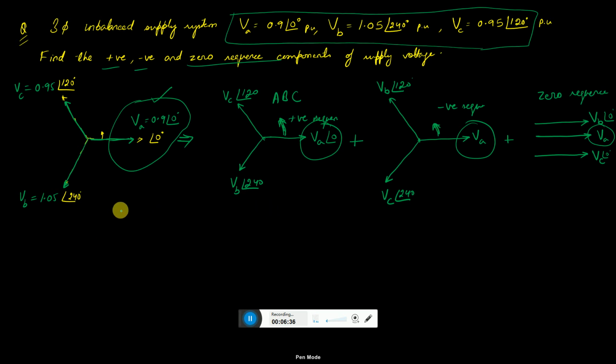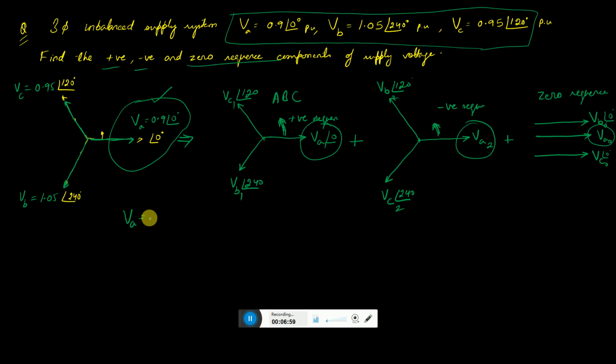we can say that VA is equal to, let us say, give a nomenclature like a positive sequence as VA1, VB1, VC1, and negative sequence as VA2, VB2 and VC2, and zero sequence as VA0, VB0 and VC0.